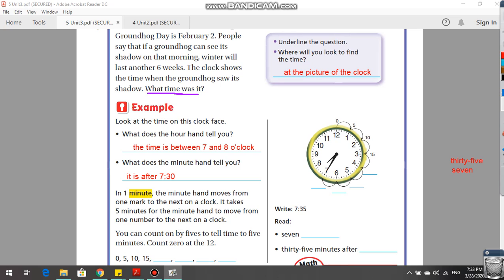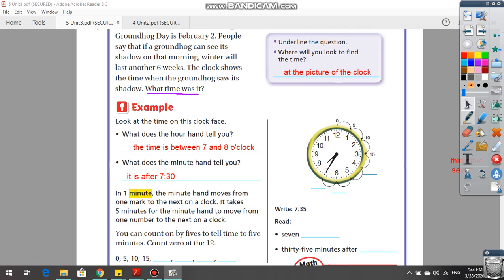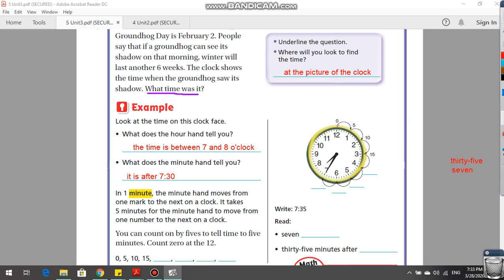Now guys, telling time. First, I know it's between 7 and 8. But if I want to know the exact minutes, I'm going to skip count by 5, like the table of 5, guys. 5, 10, 15, 20, 25, 30, 35.